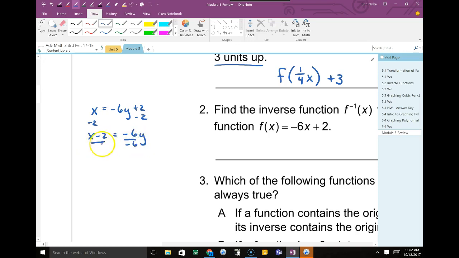Divide by -6. If you guys can't get this on your tablets, just look up. Don't freak out. You can still see what I'm doing. Okay, so my inverse function is x minus 2 over -6. Everybody good there? So far, so good?